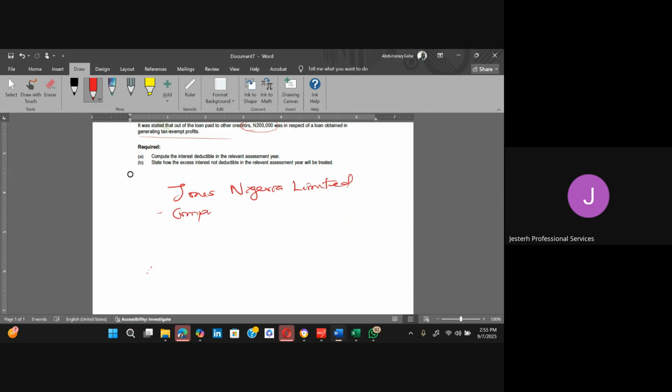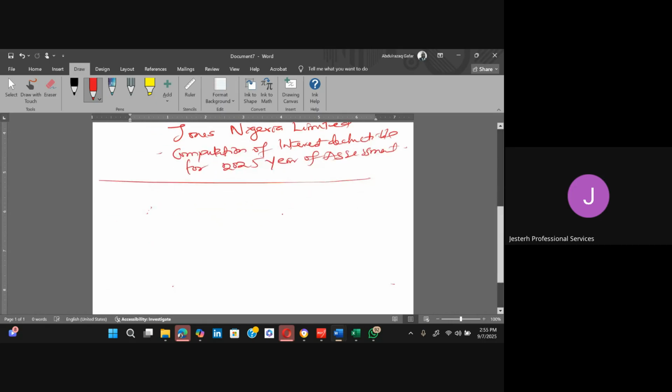Computation of interest deductible for 2025 year of assessments. Are you getting it now? So this is it here. Then we have this amount. So what's our assessable profits?